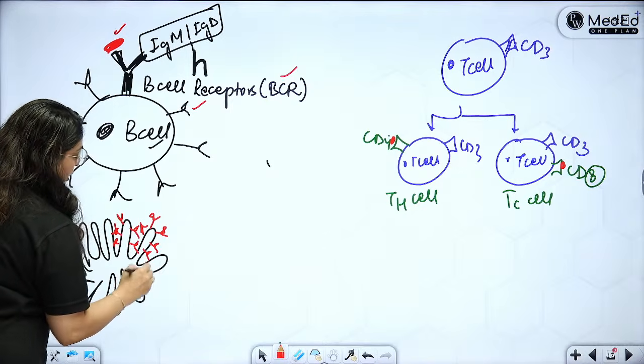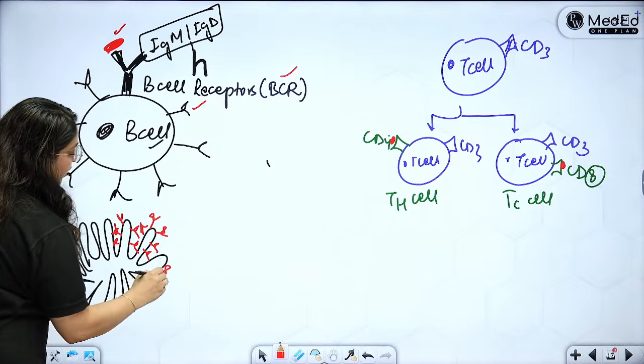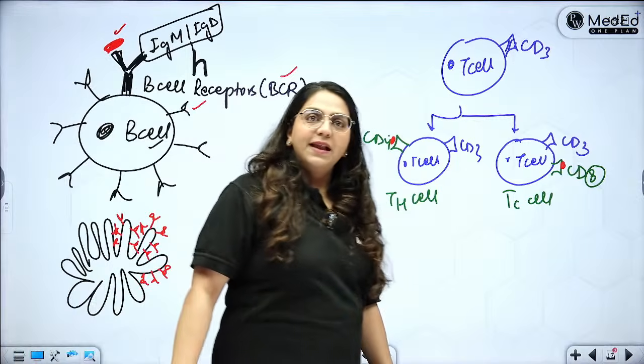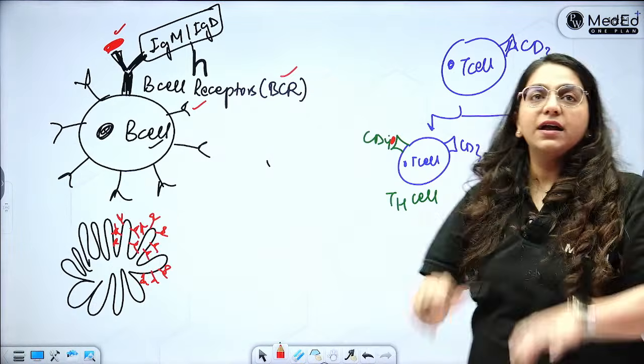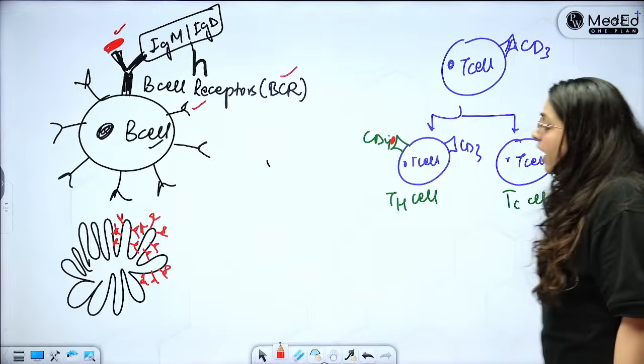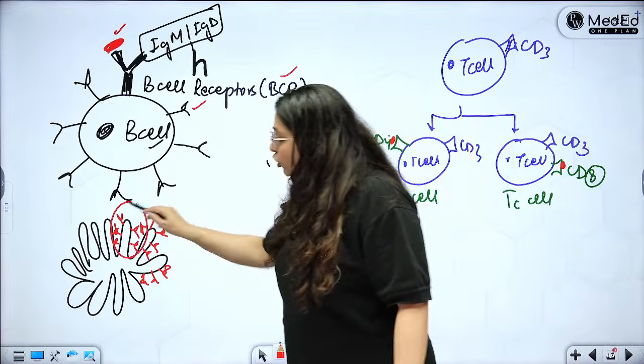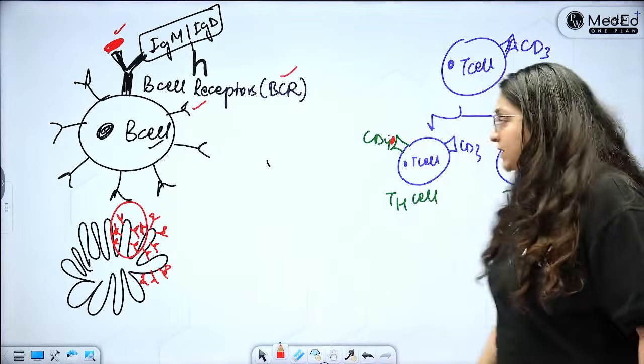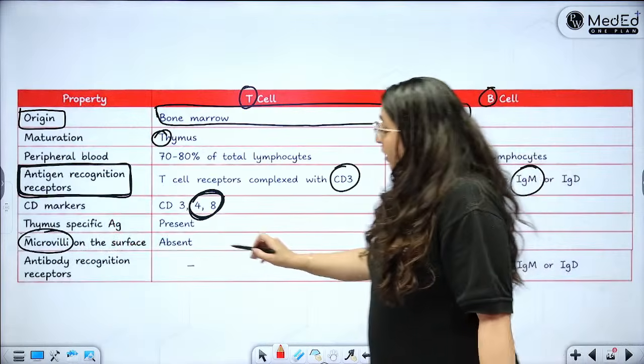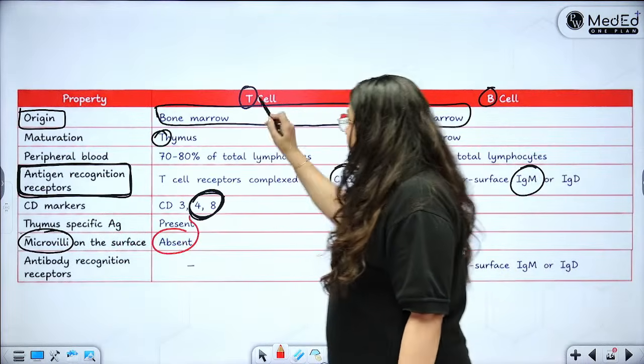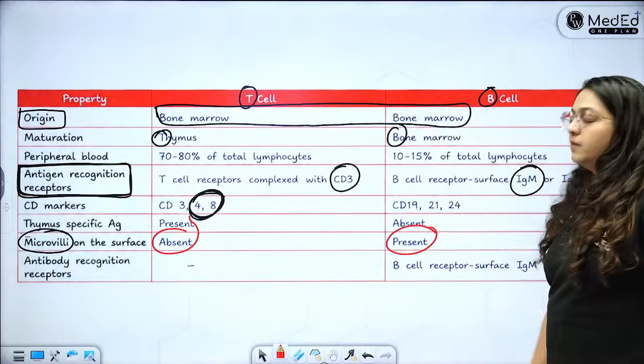Okay, a lot of B cell receptors can now be accommodated. That is why a B cell has all of these microvilli projecting on its surface, because that can accommodate a lot more B cell receptors. So these microvilli are absent in the T cell, but they are very much present in the B cells.